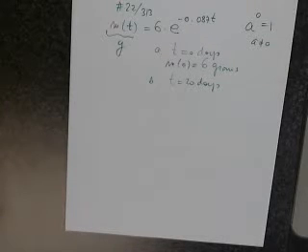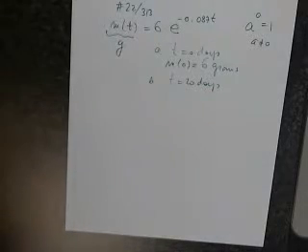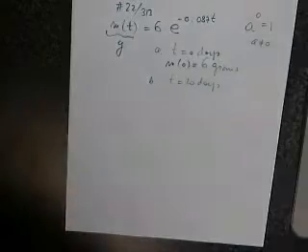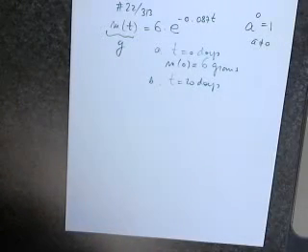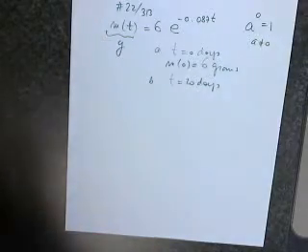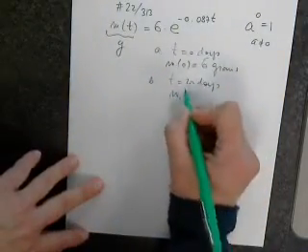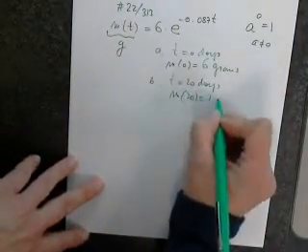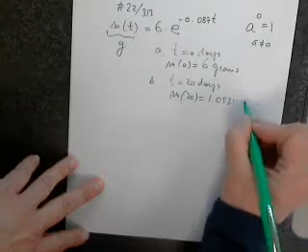So I multiply by 20, close the parenthesis and press enter. So in 20 days, it will decrease from 6 grams to 1.053 grams. So M of 20 is 1.0531 grams.